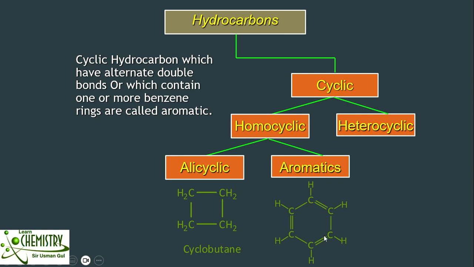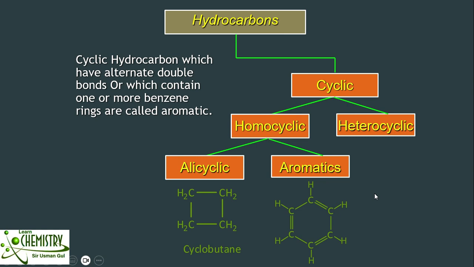In this way we call these alternate double bonds. Right now, this is a 6 membered carbon ring having alternate double bonds, and this one is also called benzene. So whenever we see a benzene ring, this will be classified as an aromatic hydrocarbon.